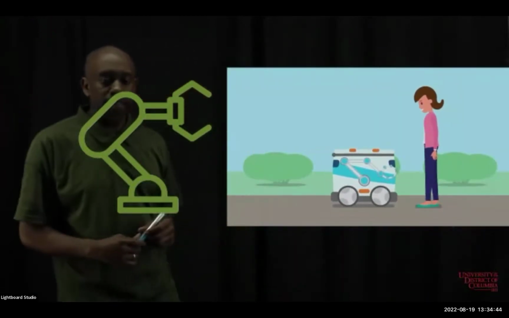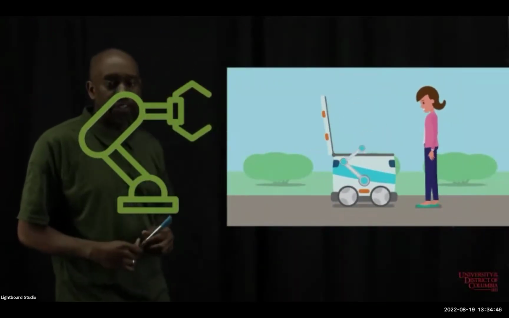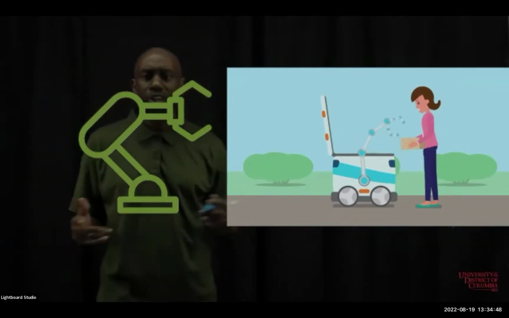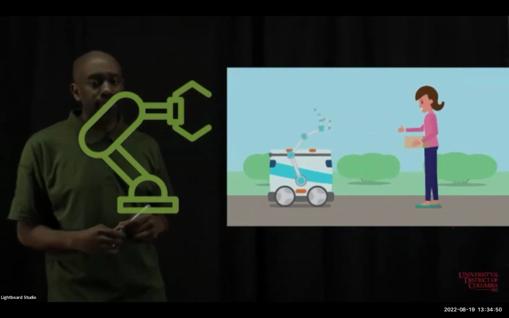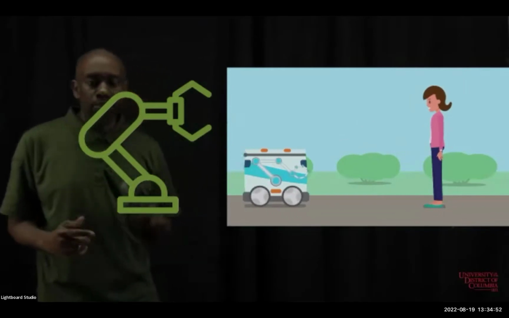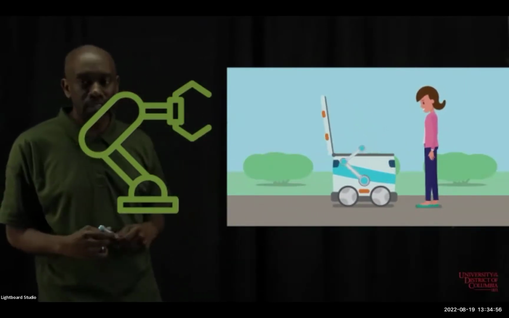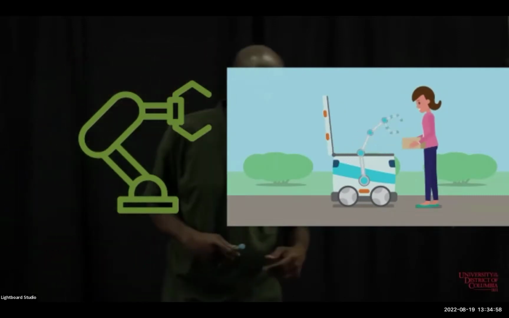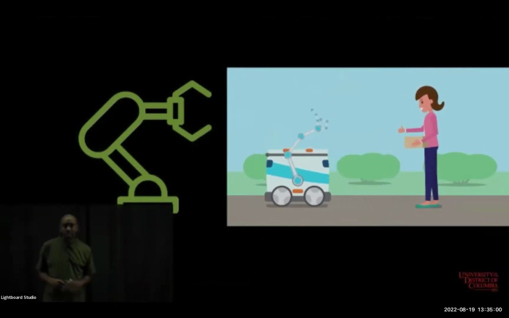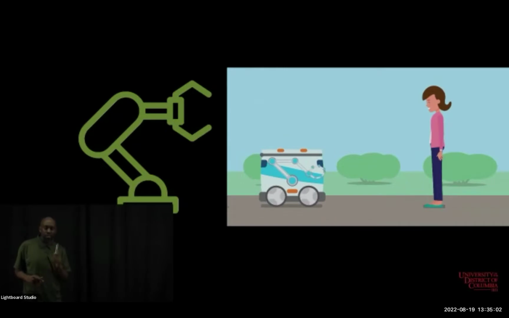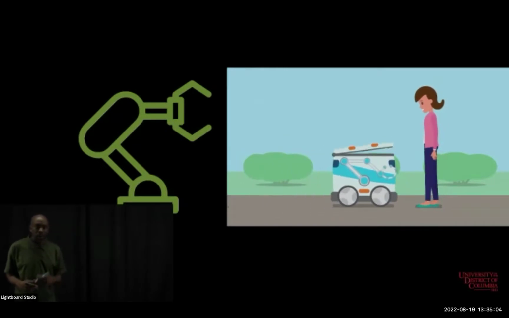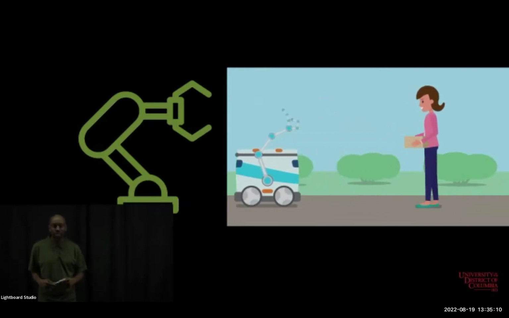Here's another one that I pulled from Adobe Stock. Let's say you're teaching a course on robotics, and you want to talk about how robotics is going to be used in the future to deliver our mail or our packages. And I actually like this robot delivering my packages, because at least I know that my packages won't get thrown on my doorstep.